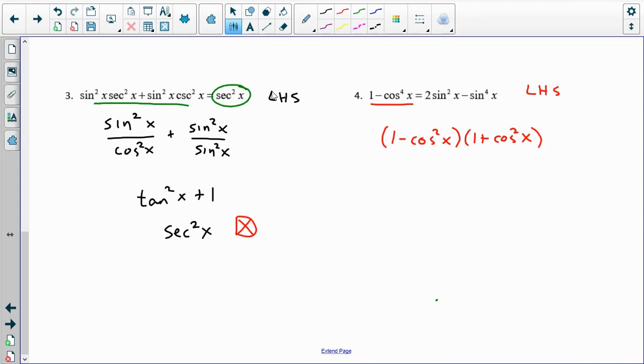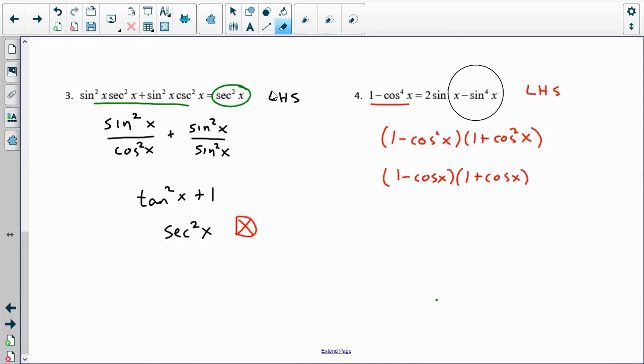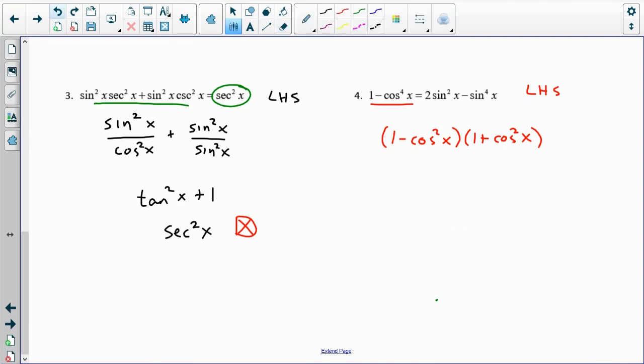Now, 1 minus cosine squared, I can continue to manipulate into 1 minus cosine x, 1 plus cosine x. I don't know if that's actually going to help me though. I'm looking at the right side and I need everything to be sine. So because I need everything to be sine, that may not be the best option for me. So I'm going to try something different.